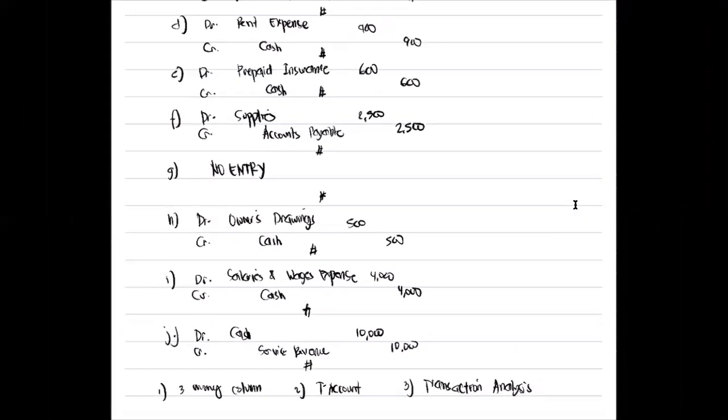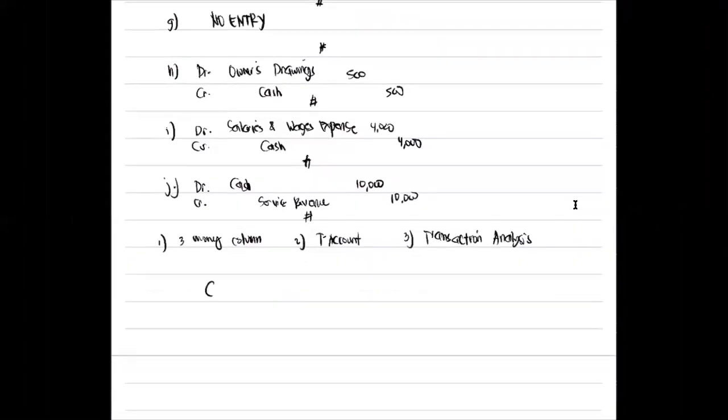So that we can properly prepare, of course, we need to list down the different accounts that we use. So the accounts that we use are, first, we have your cash. Next, we have your supplies. And then we also have your prepaid insurance. We also have your equipment. Also, we have your notes payable. And then we have your accounts payable.